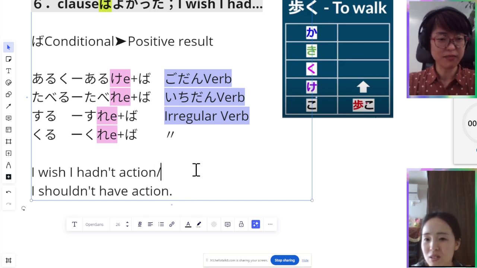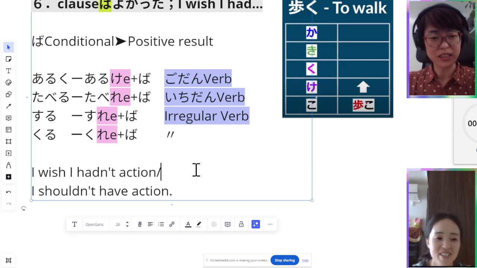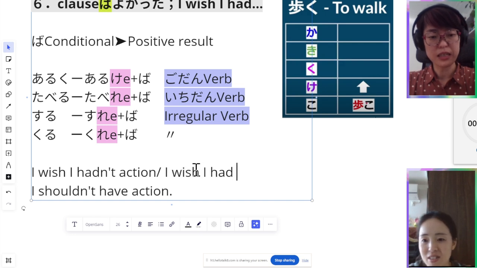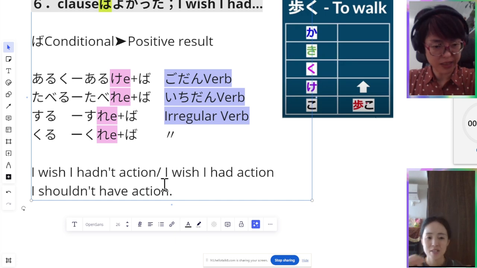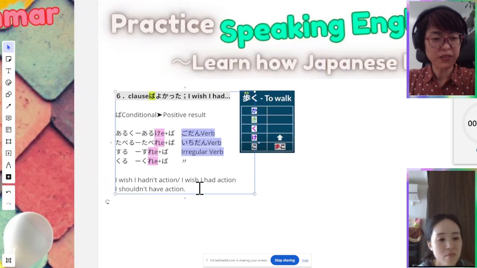Wait a moment. I wish I hadn't done the action. I wish I had done the action. I shouldn't have done the action.